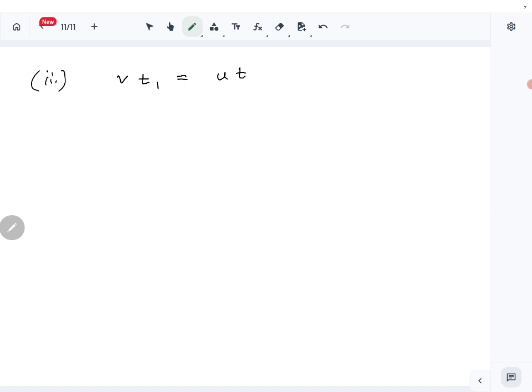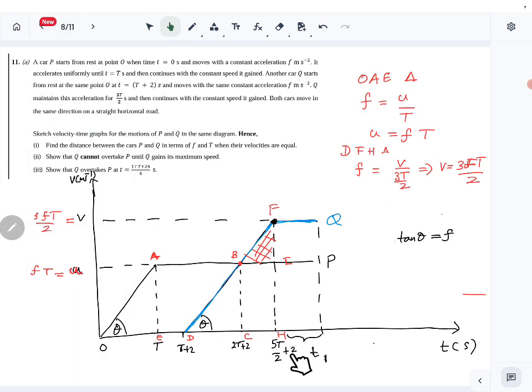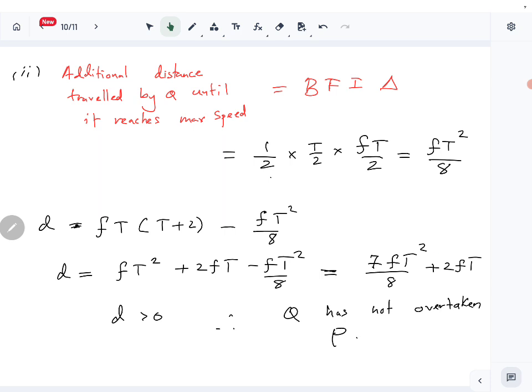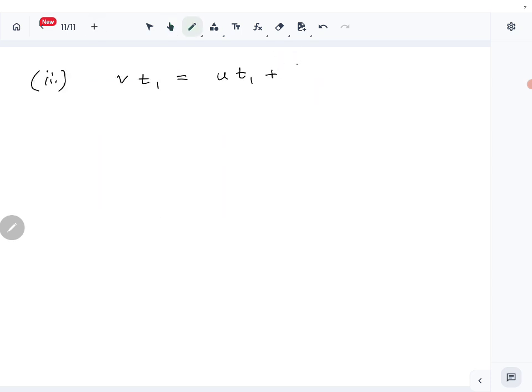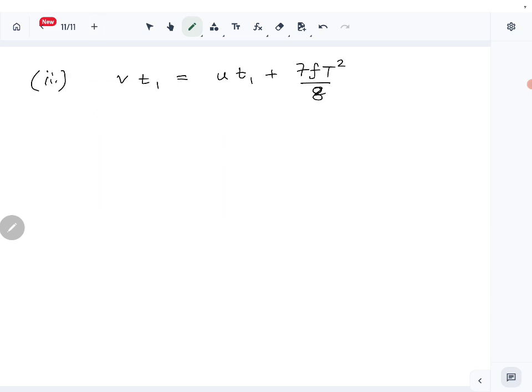That has to be equal to U into t1 plus the distance between these two cars up to that time period. So that amount, 7ft squared over 8 plus 2ft. So this amount has to match the distance it had to cover plus the distance traveled by car P during t1 time period, which is ut1.